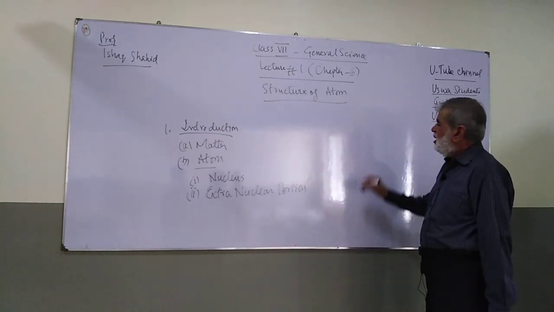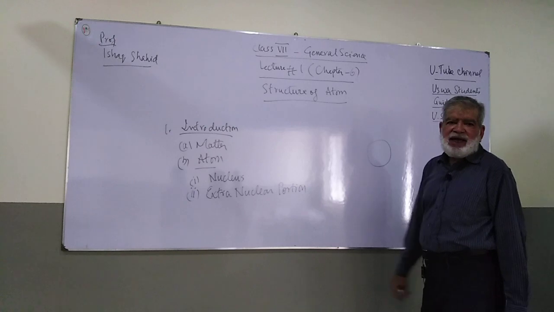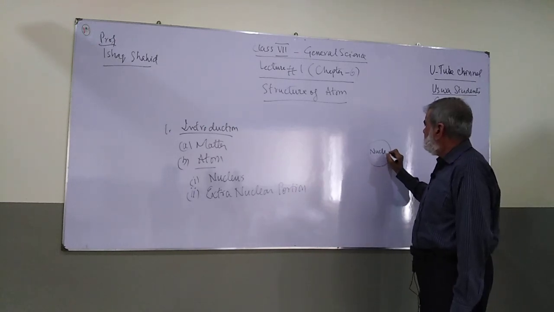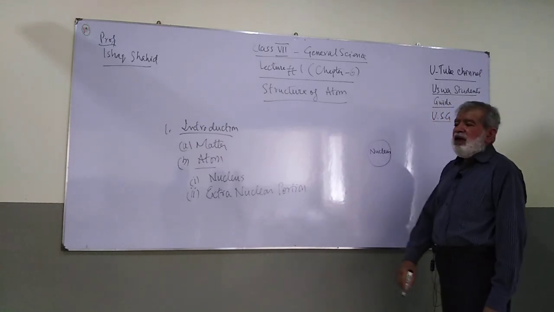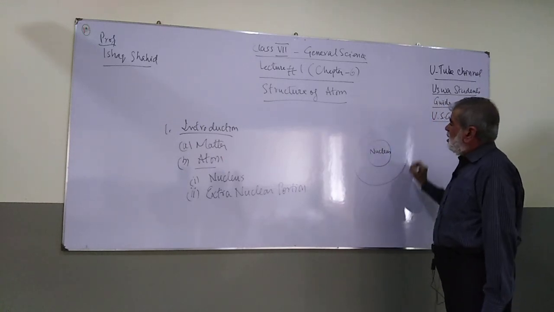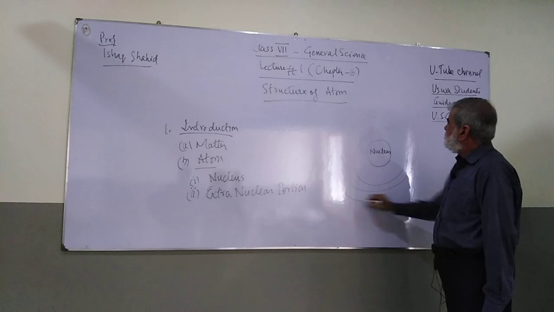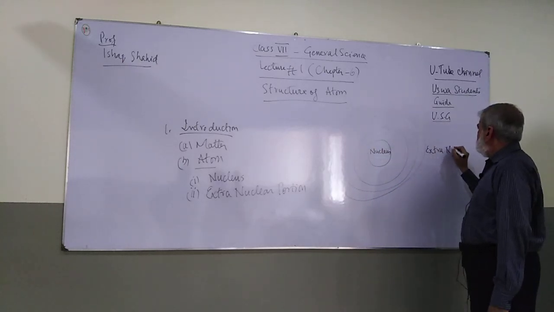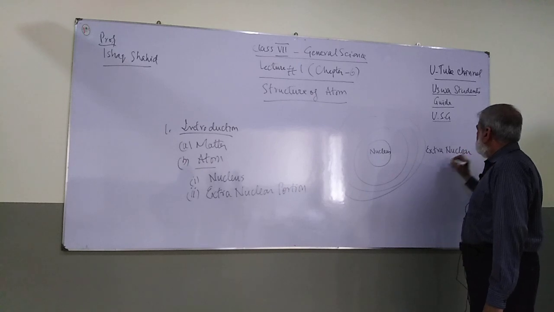If I draw an atom diagrammatically, the central part of an atom is the nucleus, and around it is the extranuclear portion.